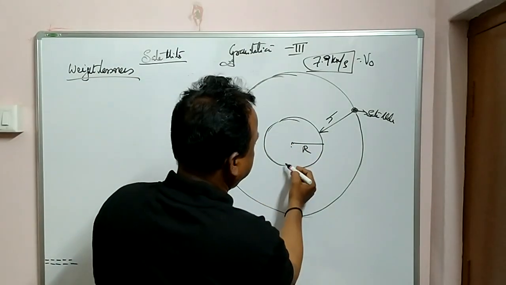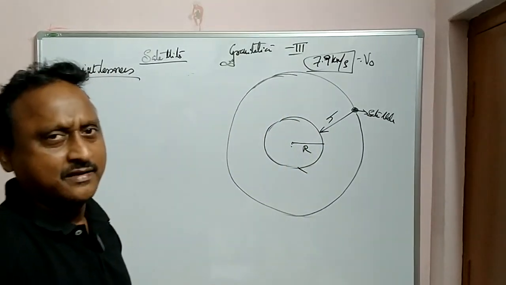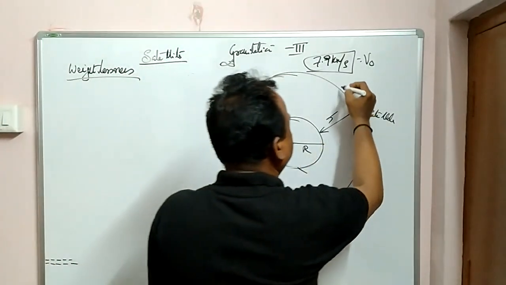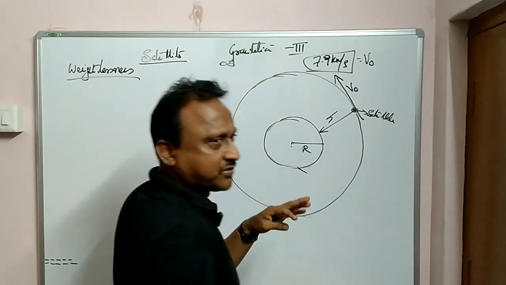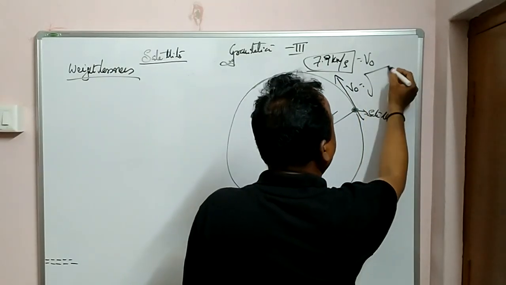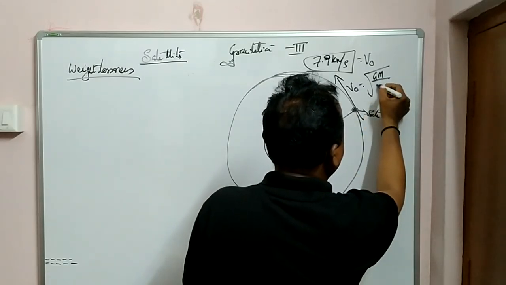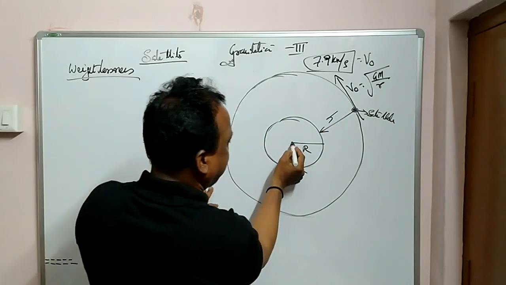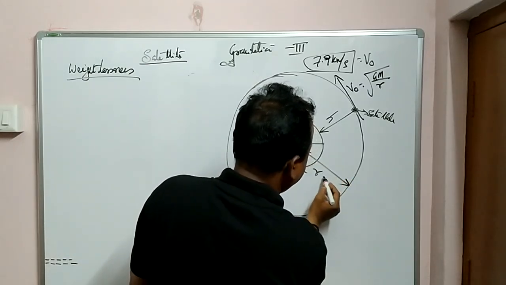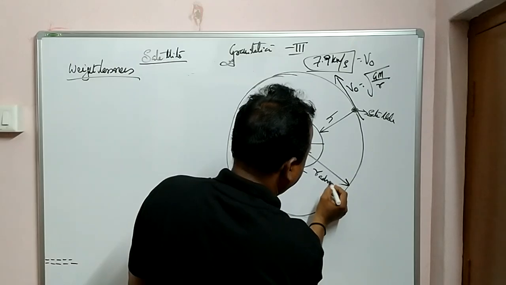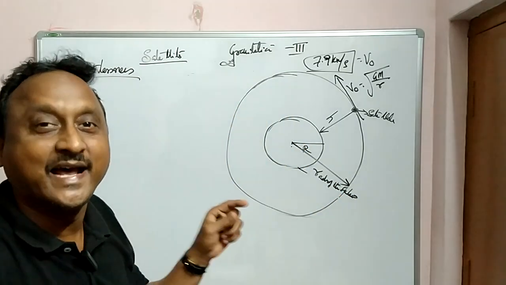Suppose this is the earth here. This is the radius. This is the satellite. So when the satellite is revolving with the velocity, as you know, v naught is equal to root over G M by capital R or small r, whatever. Small r is the radius of the satellite, and capital R is the radius of the earth.